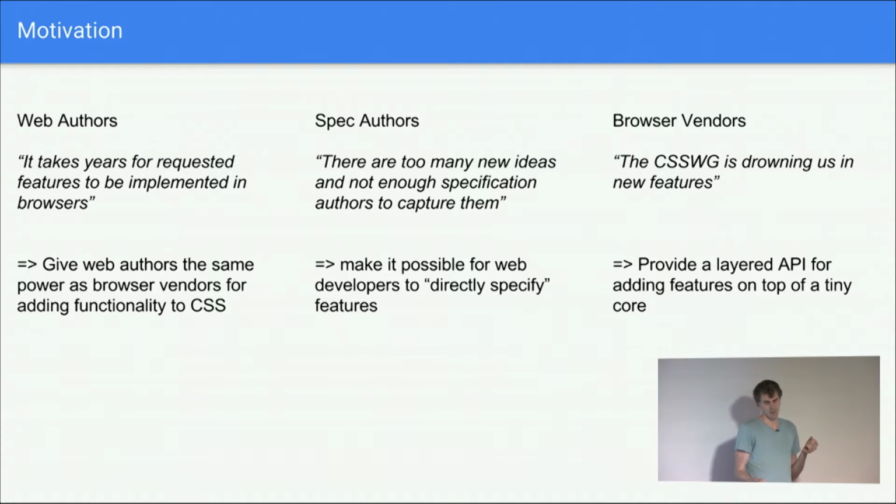From the spec author's point of view, one thing that we hear in the CSS working group is like there's just too many ideas coming out that people want to be able to support. So things like new types of borders, new types of layout modes that people want. And it's really, really difficult to tell which of these ideas are useful and which ones should actually have spec work put into them.